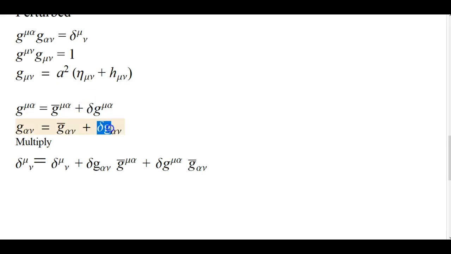So this multiplied by this is a second order term, and in linear perturbation theory we keep only first order terms. We will drop all the second order terms.